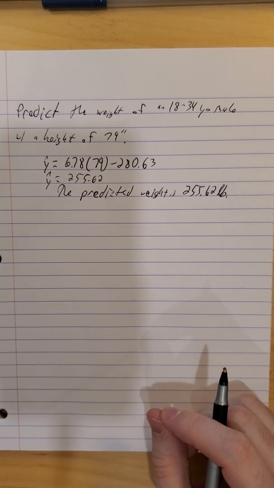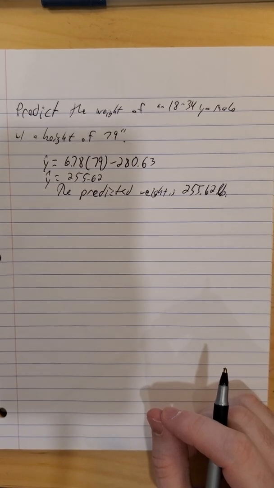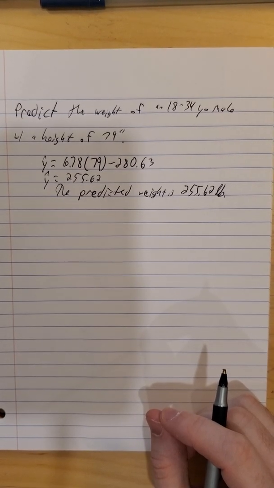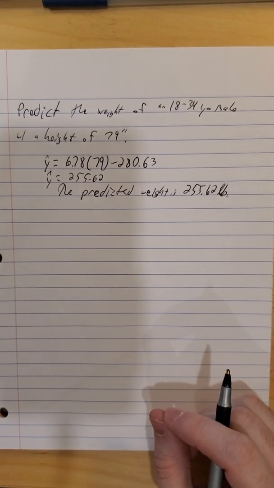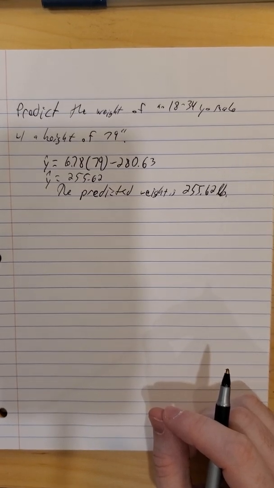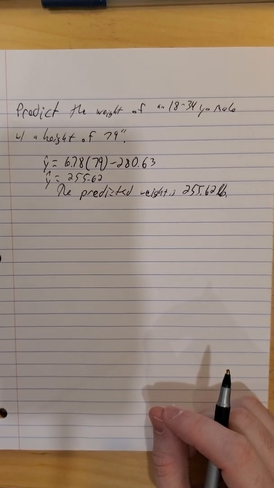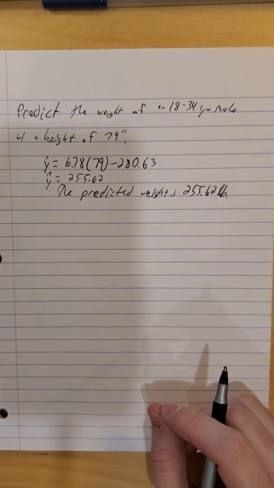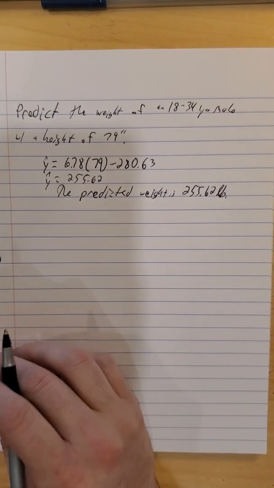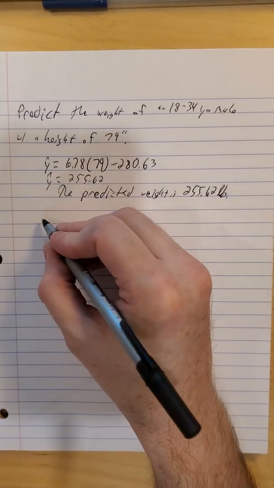A y-intercept on this of negative 280.63, if we were to take it literally on what each variable means, it would mean that an 18 to 34-year-old man with a height of 0 would weigh negative 280.63 pounds. So the y-intercepts are not necessarily always meaningful for anything other than plotting points. However, the slope is meaningful.